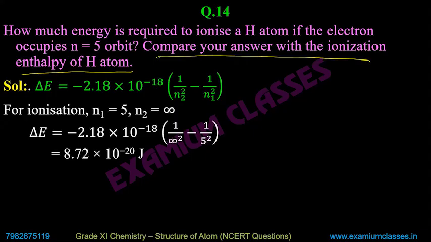Okay, tell me, Tanishi, compare your answers for the ionization enthalpy of hydrogen atom. So for that, you need to calculate the ionization enthalpy of hydrogen atom. How will you calculate that, Tanishi? Unmute your mic and tell me.